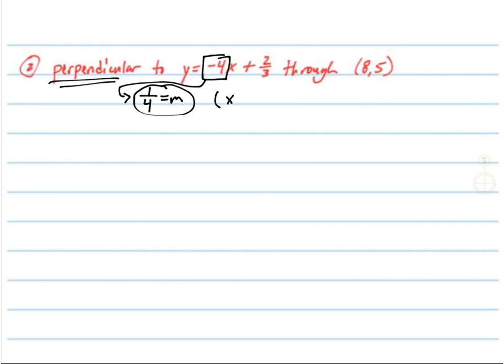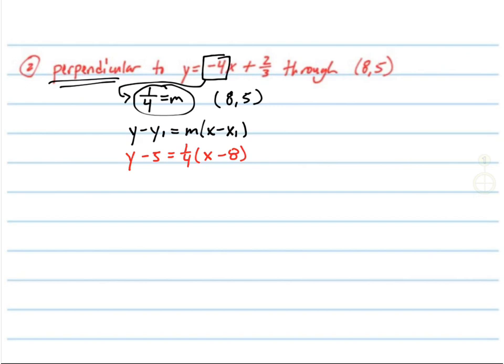And then we've got our x1, y1 point, which is (8, 5). This is the information we're going to plug into point-slope form. So we've got y minus 5 equals 1/4 times (x minus 8).